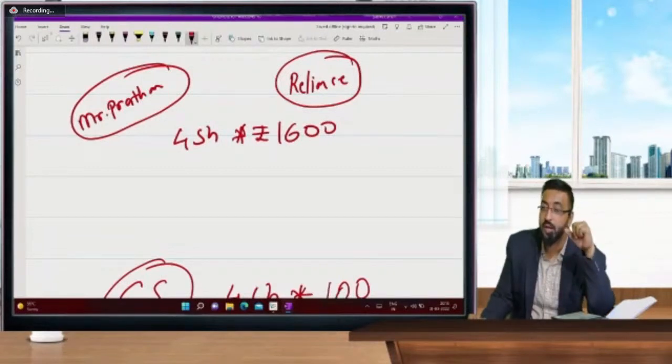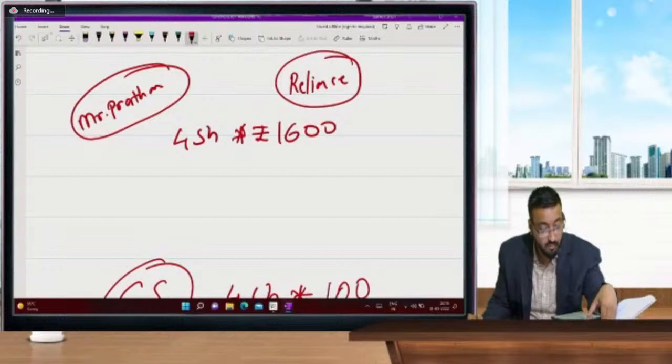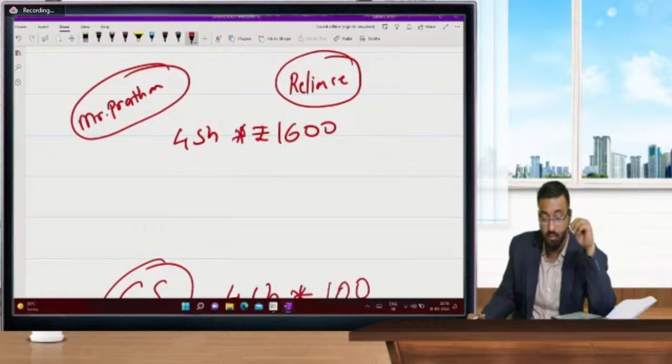Sanket sir bought it 10 years back at rupees 100. Four shares into 1600 is the Reliance share price when Pratham bought it.